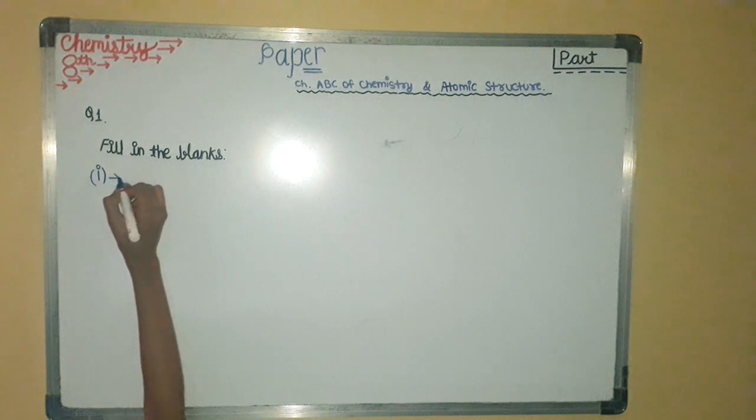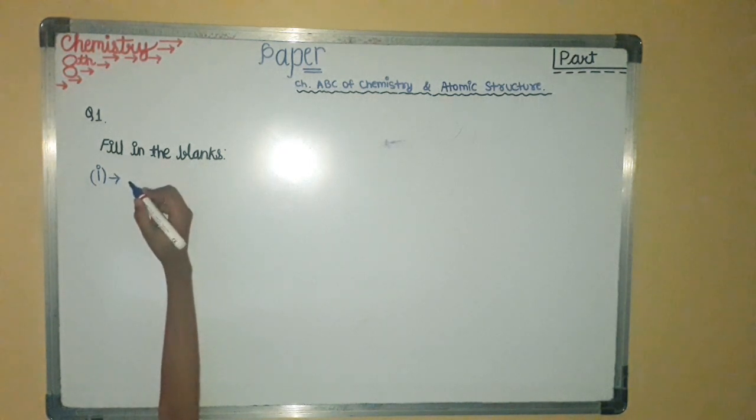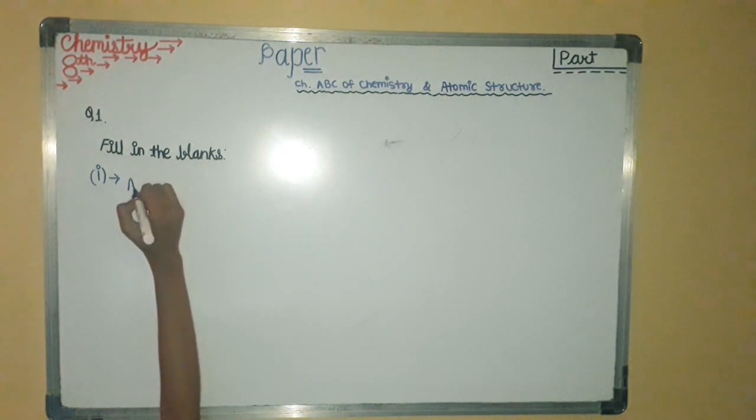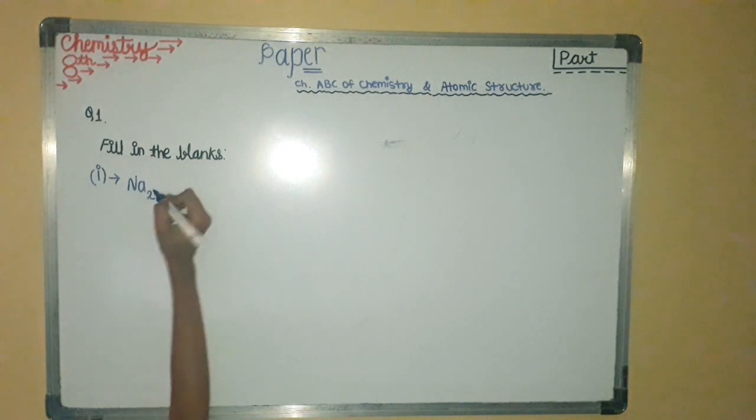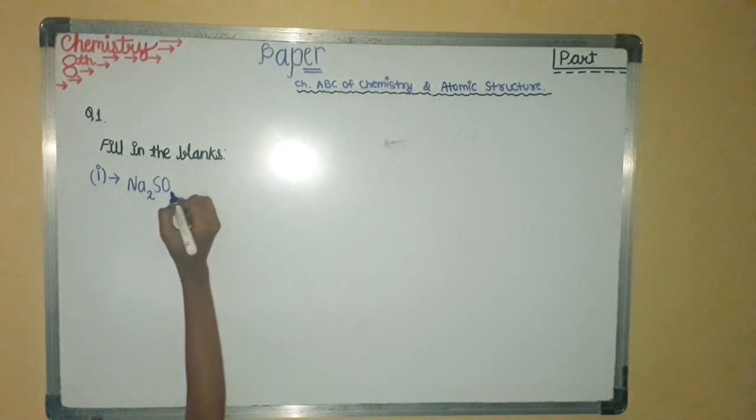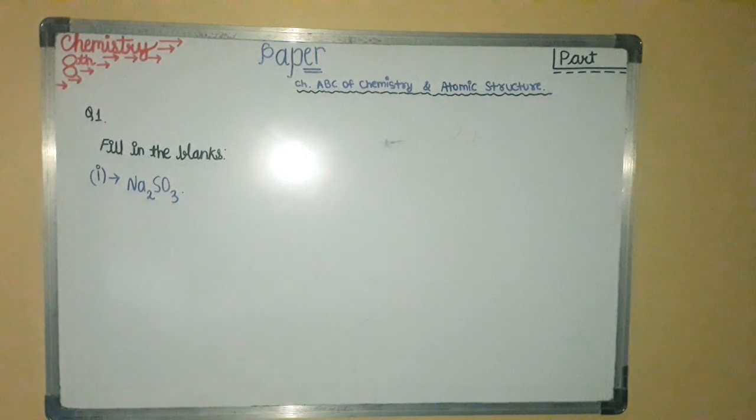Sodium sulfite chemical formula, and the answer is Na2SO3. This is the chemical formula of sodium sulfite.